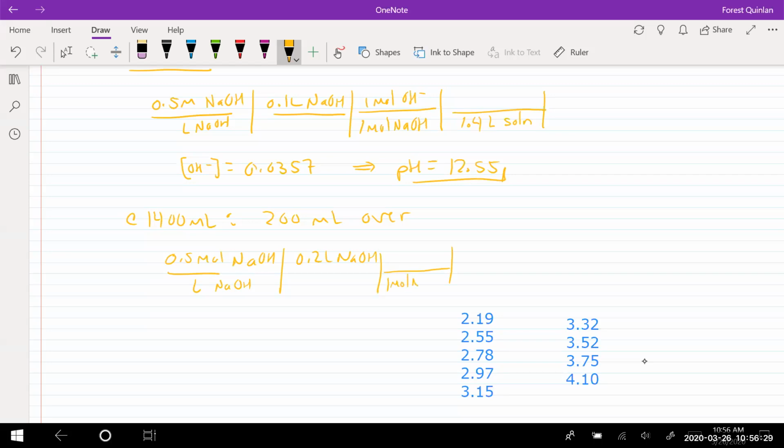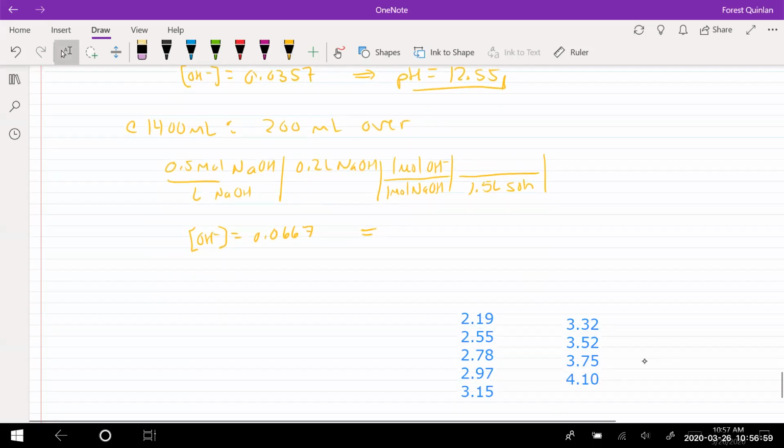We know it's 1 mole of NaOH, 1 mole of OH minus, and our new volume is 1.5 liters of the solution. OH minus there now becomes 0.0667, which will give my pH equal to 12.82.